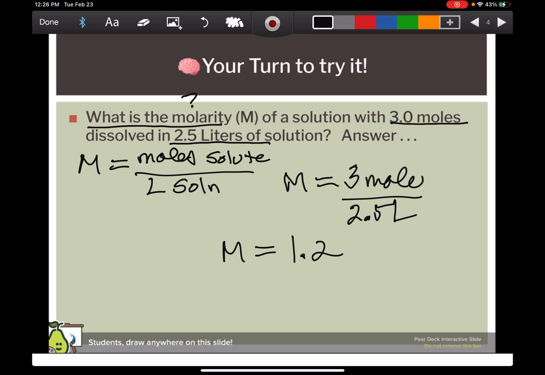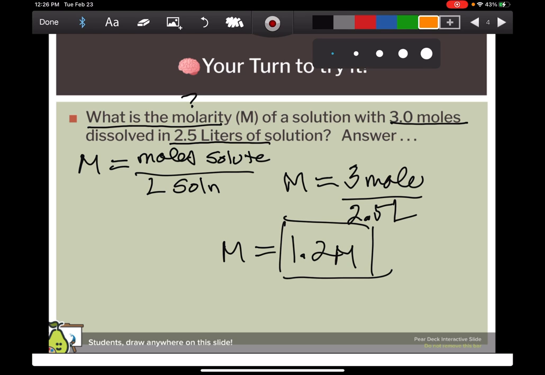And the units are M, okay, molarity. So I have my answer, 1.2 molarity. Remember, molarity, don't forget, equals the moles of it over the liters of it. It's understood to be a way to know how much solute is in a solution.